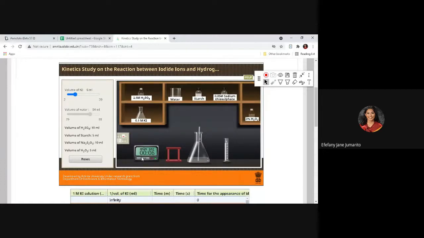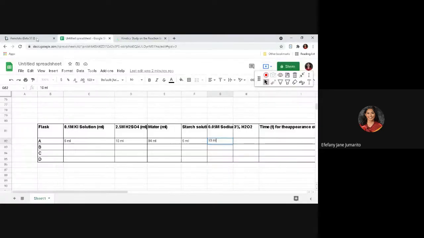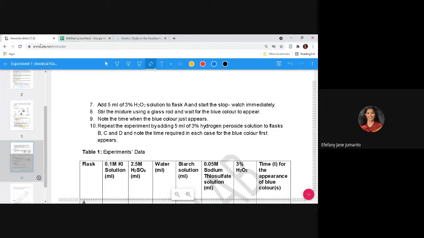Then the time has started, class. So here, class, take note. Let's write 10 ml H2O2. Then also, read procedure 8 and 9.